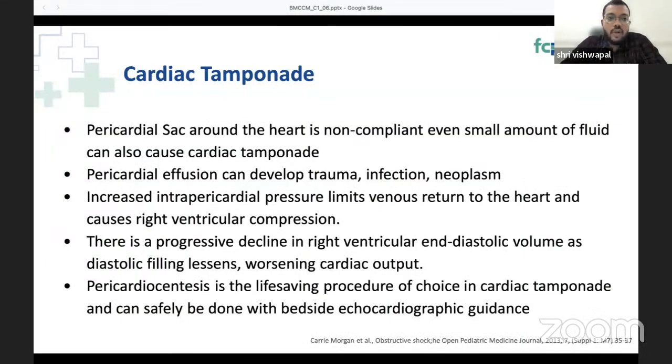Now we'll move on to what cardiac tamponade is. As I said before, consider yourself as a heart. If some external force is pushing you, for example, you have only one bed where only one person can sleep, and it's your bed.